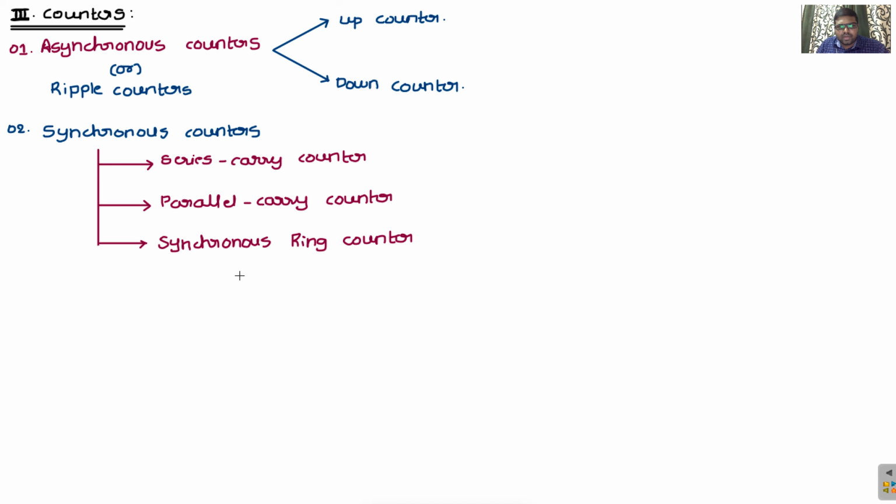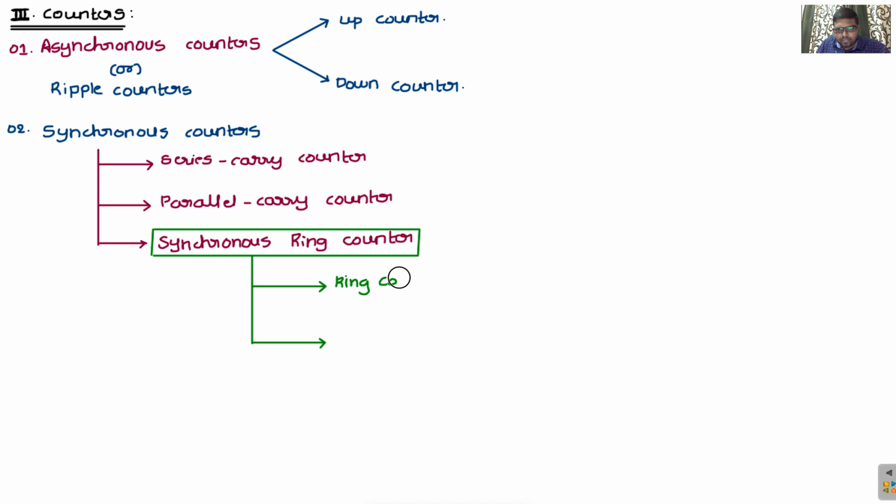So the first one is a ring counter, and twisted ring counter. And this twisted ring counter is also called Johnson counter. These are alternate names.